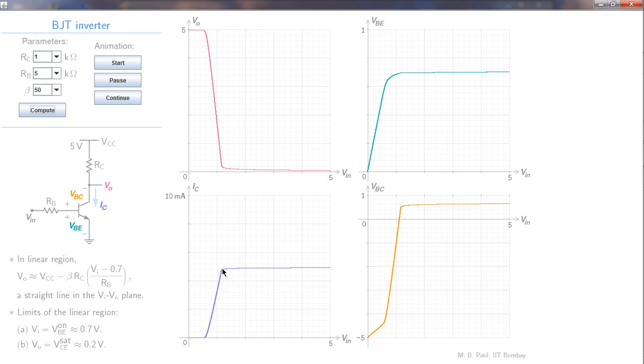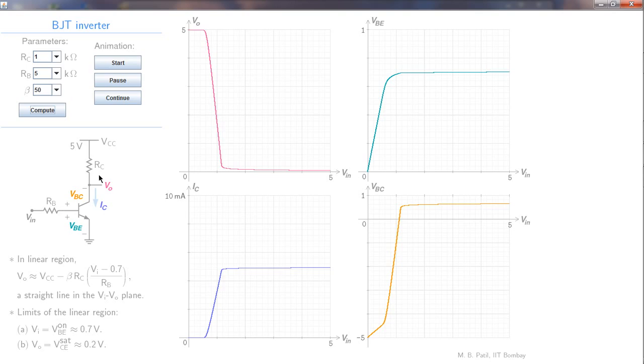At some point, VCC minus IC RC becomes equal to 0.2, and that is the point where the transistor enters saturation. And that is here. After that, this VCE really does not change too much. It remains between 0 and 0.2 volts, and therefore IC remains approximately constant.